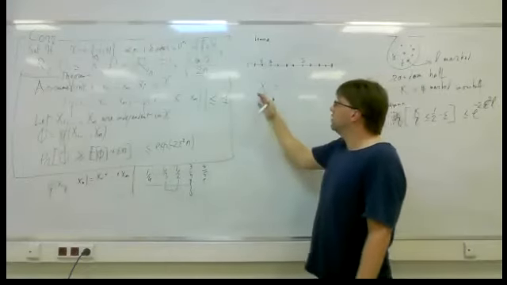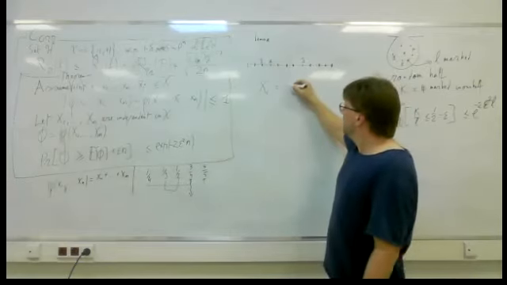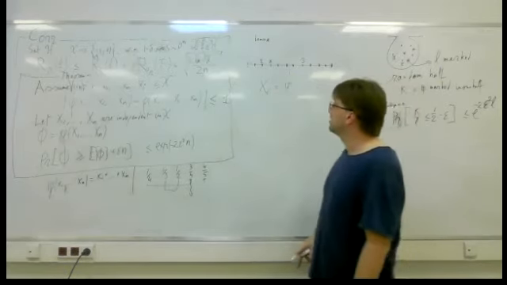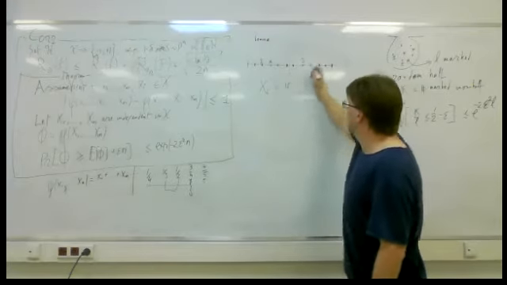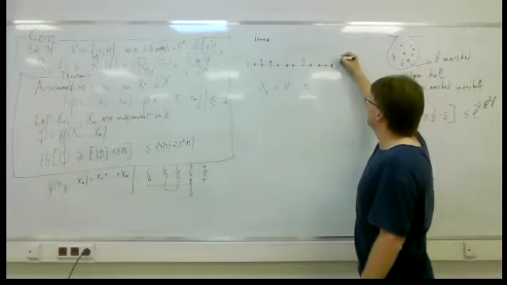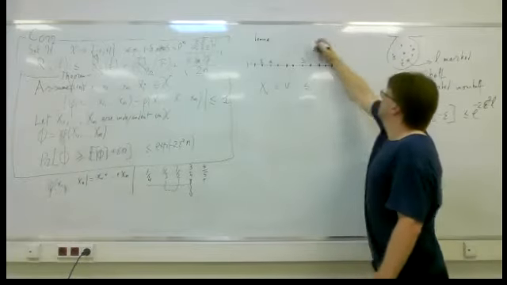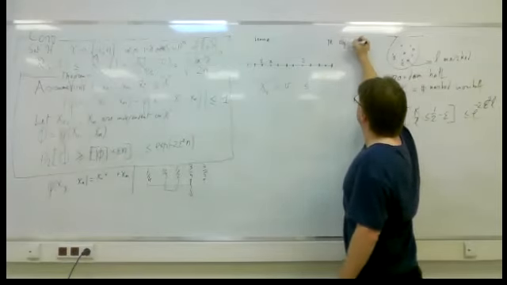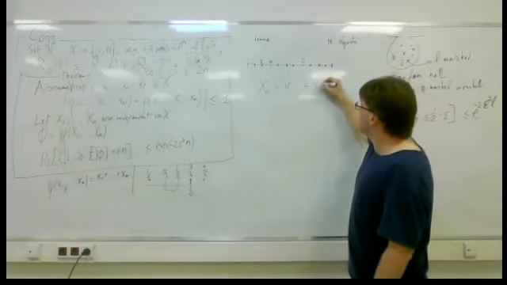Xi will encode the position where the ith object goes. Xi equals v, where v is an integer smaller than m minus i, if we have m objects.